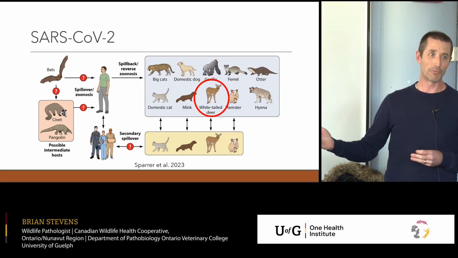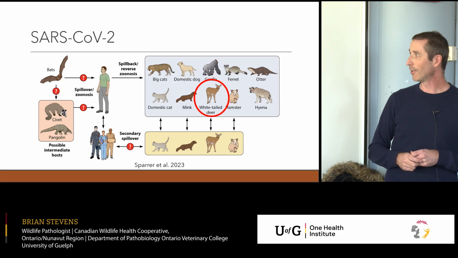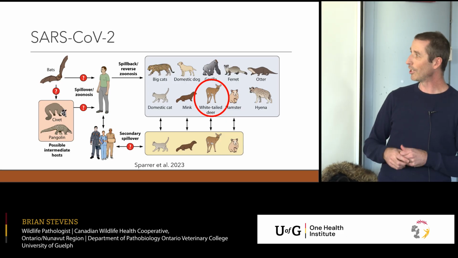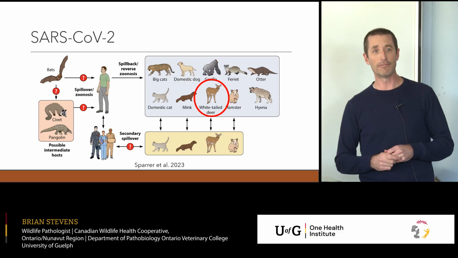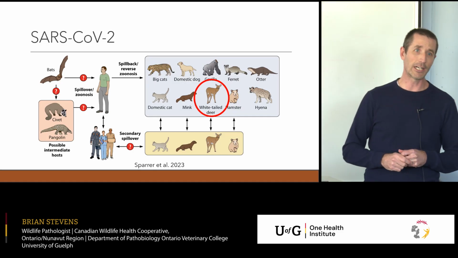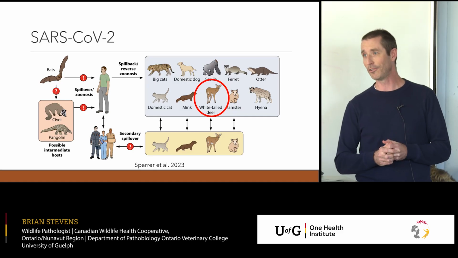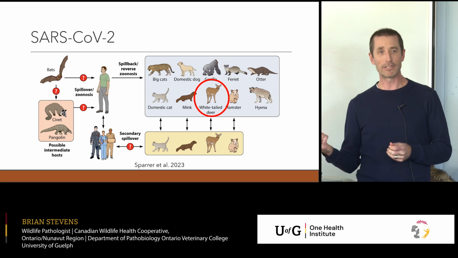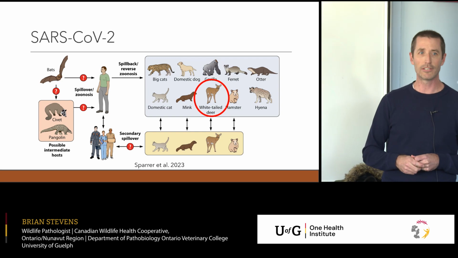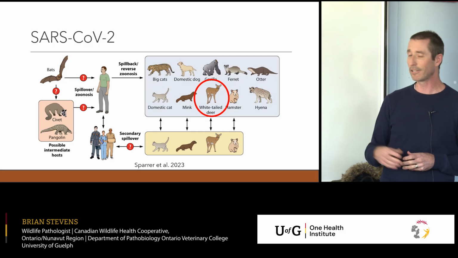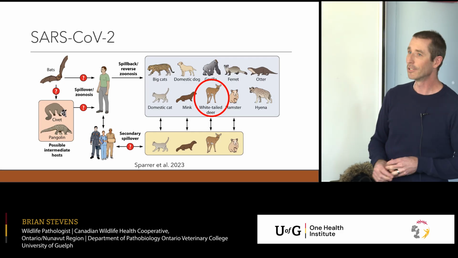Luckily, when they did the research, they found that the receptors that our bats have were not going to be ideal for the virus to attach and infect those bats, so there was less of a concern for our North American bats, thankfully. But they did find a few species where SARS-CoV-2 did seem to invade their cells quite readily. White-tailed deer was one of them.